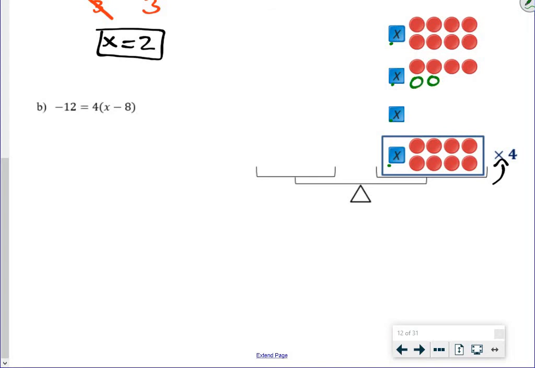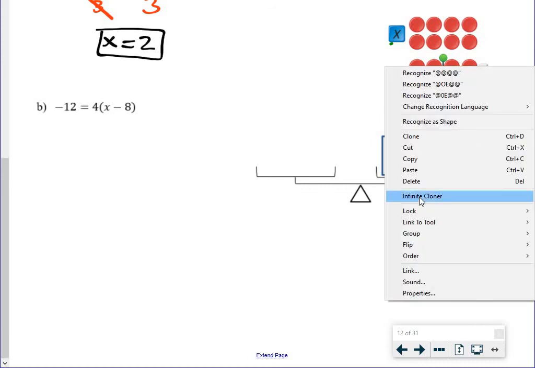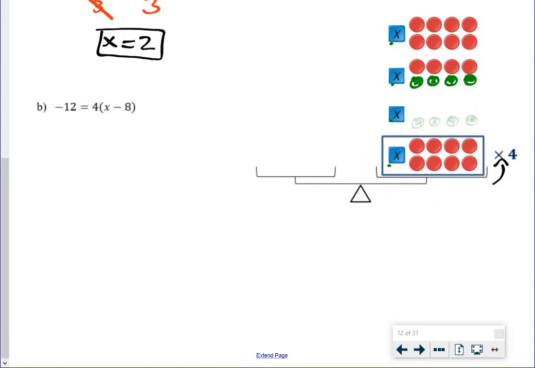So if I add 4 green circles there, okay, let's see if we can do, so add a green circle for each of the red circles.